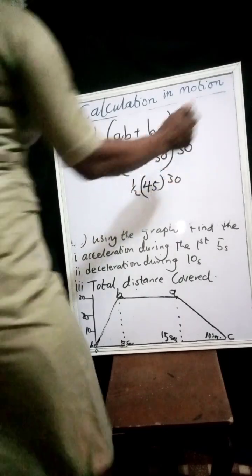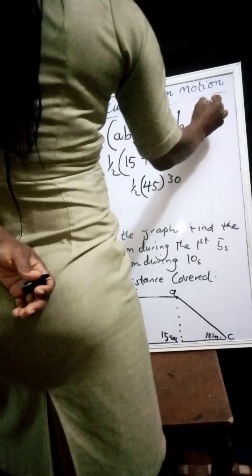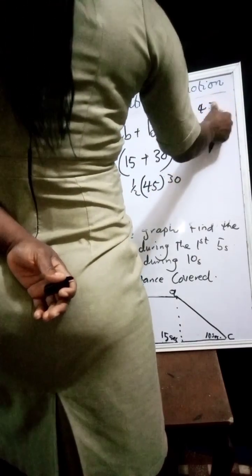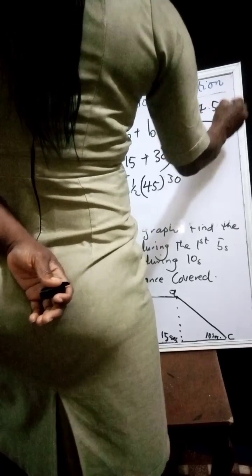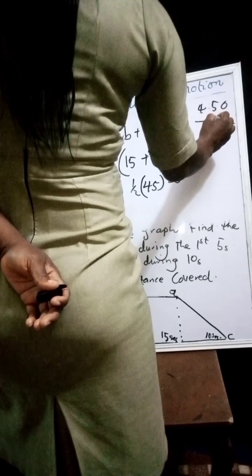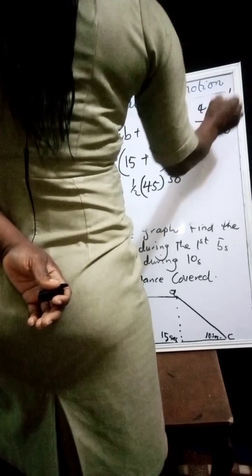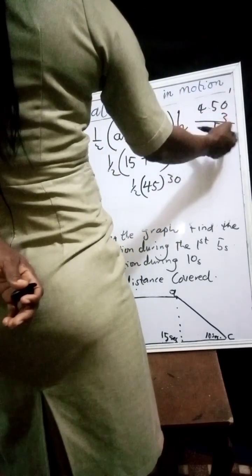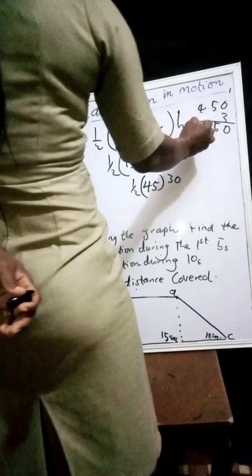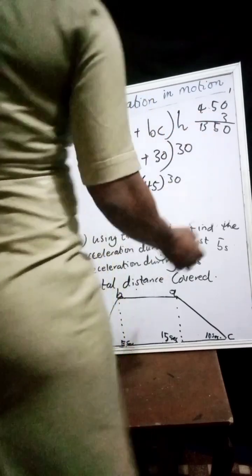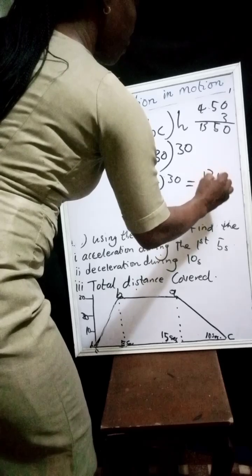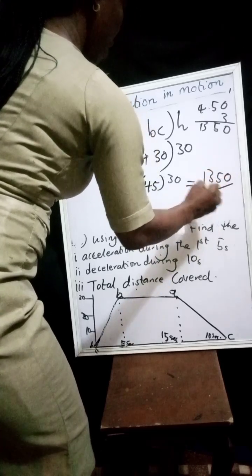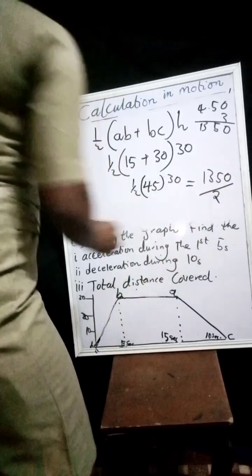So we have 45 multiplied by 30: 0, 15, 1 carry 1, 5 carry 1, 12, 13. That gives us 1350 divided by 2.